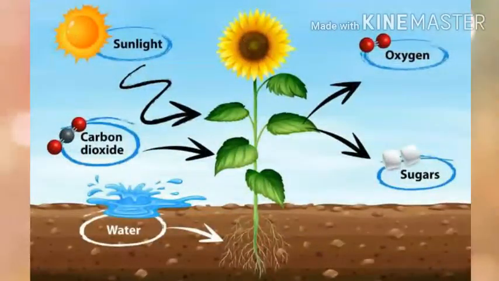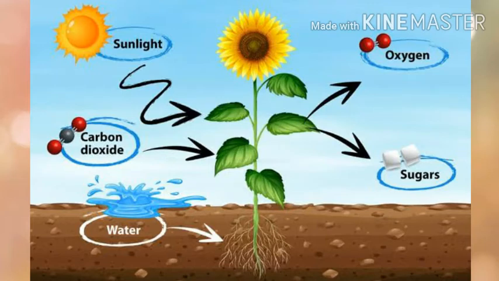During photosynthesis, chlorophyll absorbs or traps the light energy of the sun. This energy is used in the chemical process of photosynthesis. Water and carbon dioxide also reach the leaves, which is the site of photosynthesis. You know that leaves are known as the kitchen of the plant because it is in the leaves that the food is prepared through photosynthesis.